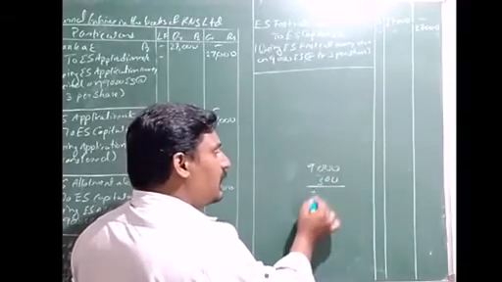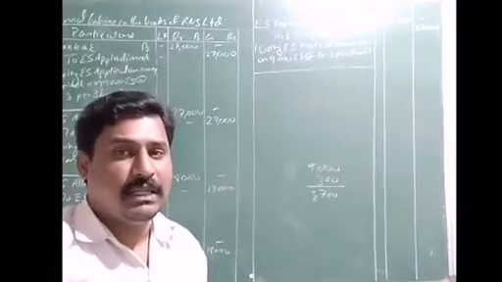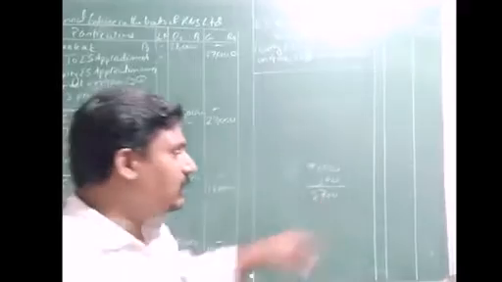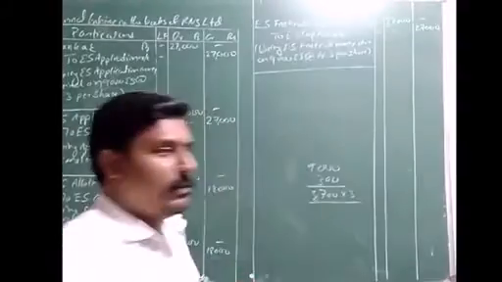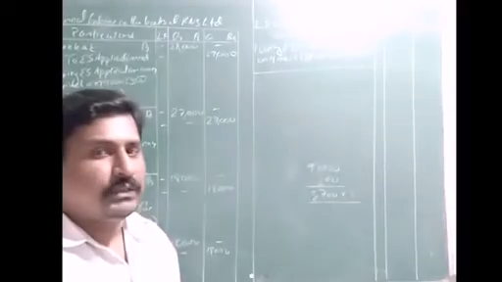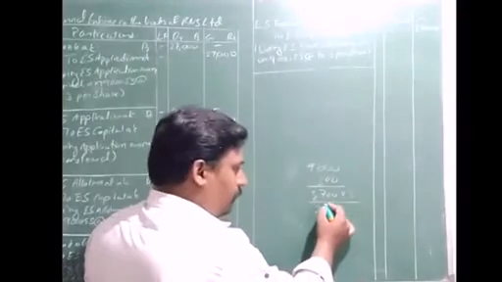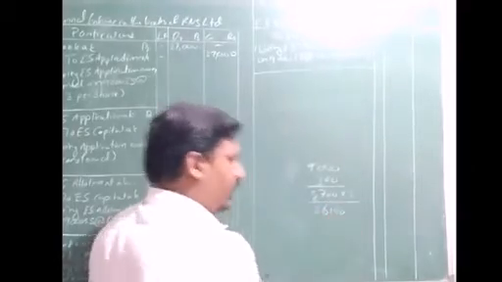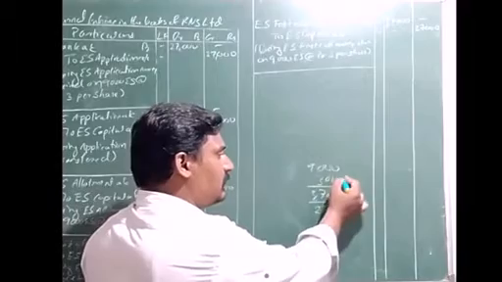That means 8,700 shares we have received first call money. So 8,700 shares into 3 rupees. So how much is it? 8,700 into 3, 26,100.